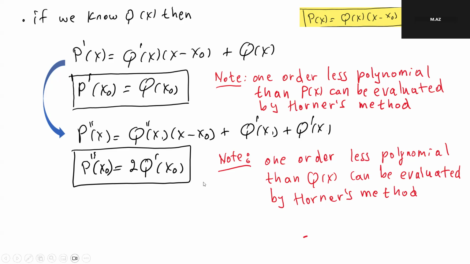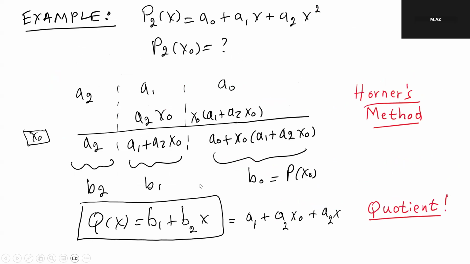This is about finding the first and the second derivative of the polynomial function by applying the Horner's method.